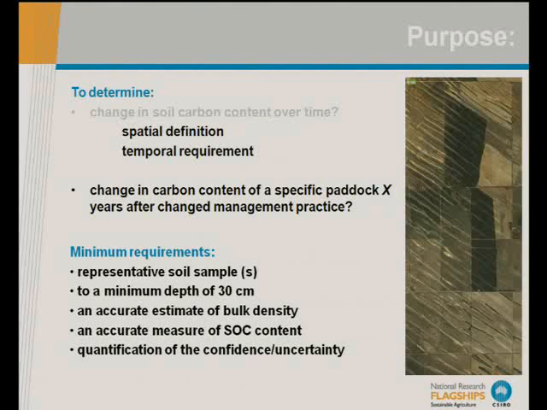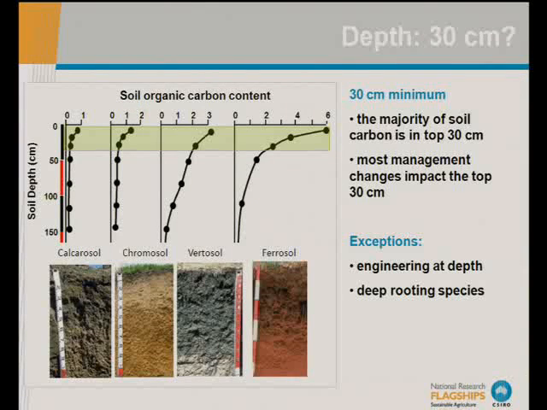We're looking to sample to a minimum of 30 centimetres depth. Bill mentioned that we need an accurate estimate of bulk density and also an accurate measure of soil organic carbon content. We also need to think about the confidence or uncertainty associated with our results, and I guess that's why we need to think about the number of samples that we're required to take and how that influences our confidence in the results.